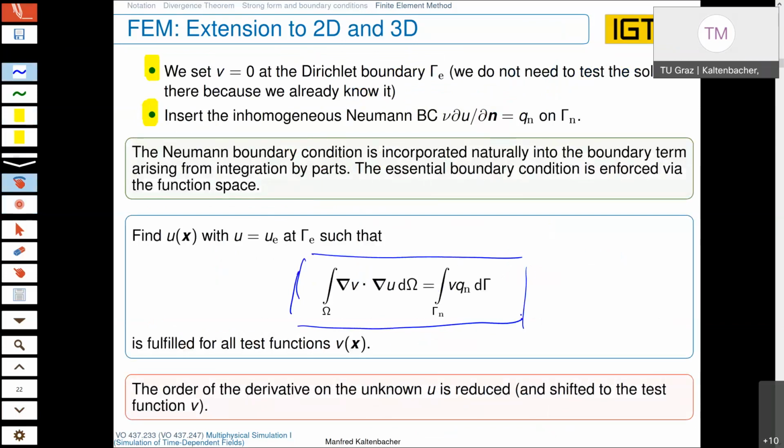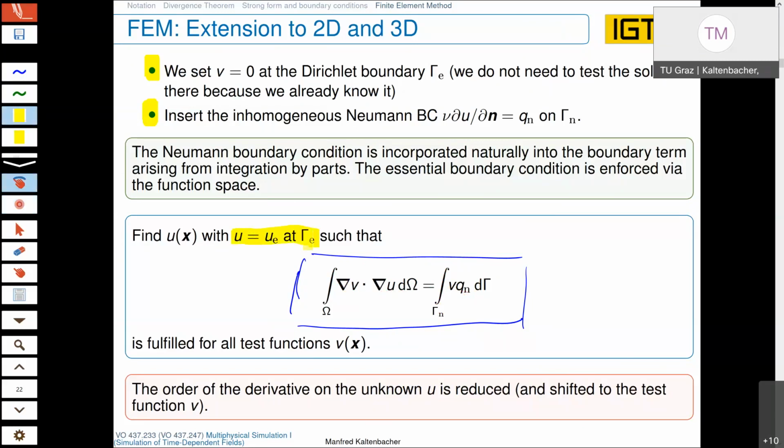We have again, as we had in 1D, this simple term here, in our case not only the spatial derivative with respect to x, it's also with respect to y and z, so we have the gradient of the test function dot product with the gradient of u, and this boundary condition on the natural or Neumann boundary is a kind of an excitation now for us. And clearly, we should not forget, we also have to fulfill on the Dirichlet boundary the Dirichlet boundary condition.